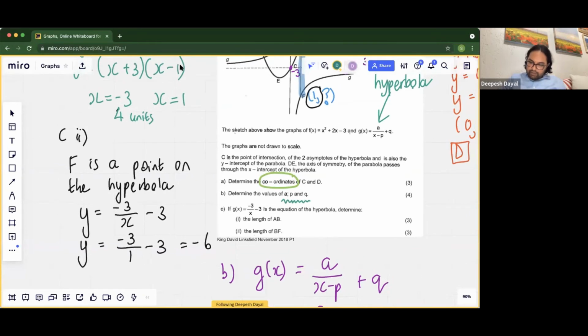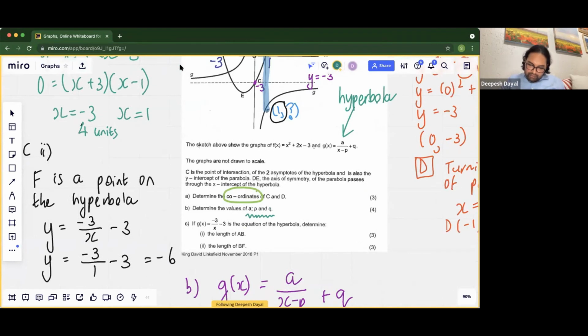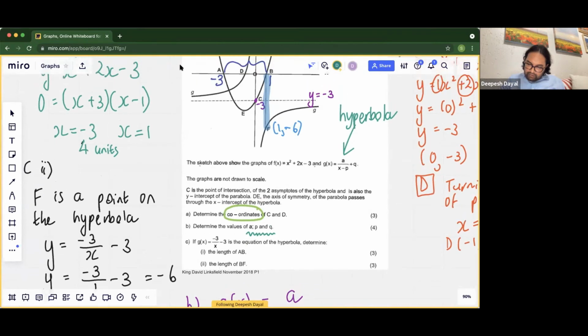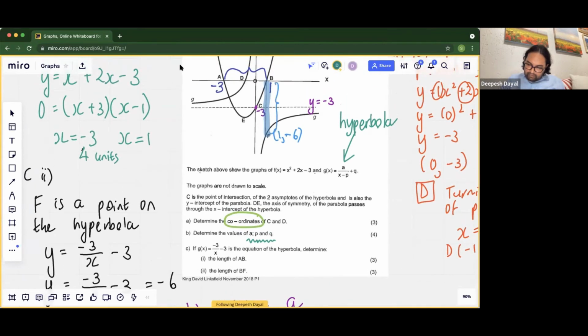So if the value of F here is 1 and minus 6, we know that the length is going to be 6. So this value here for BF is indeed 6 units, right?